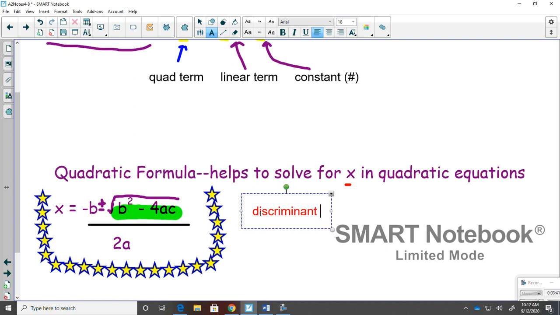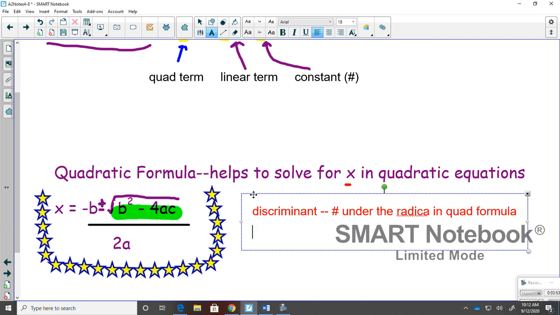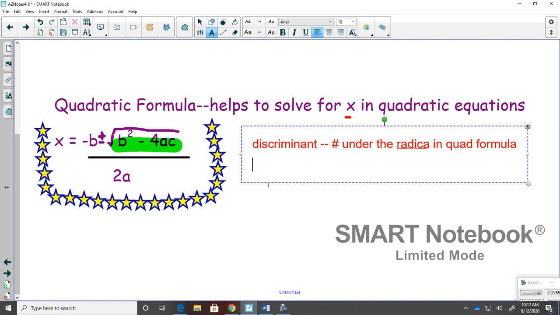The discriminant is the number under the radical in the quadratic formula. The discriminant will tell you what type of solution you're going to get and how many solutions you will have. So this is just a reminder from Algebra 2.